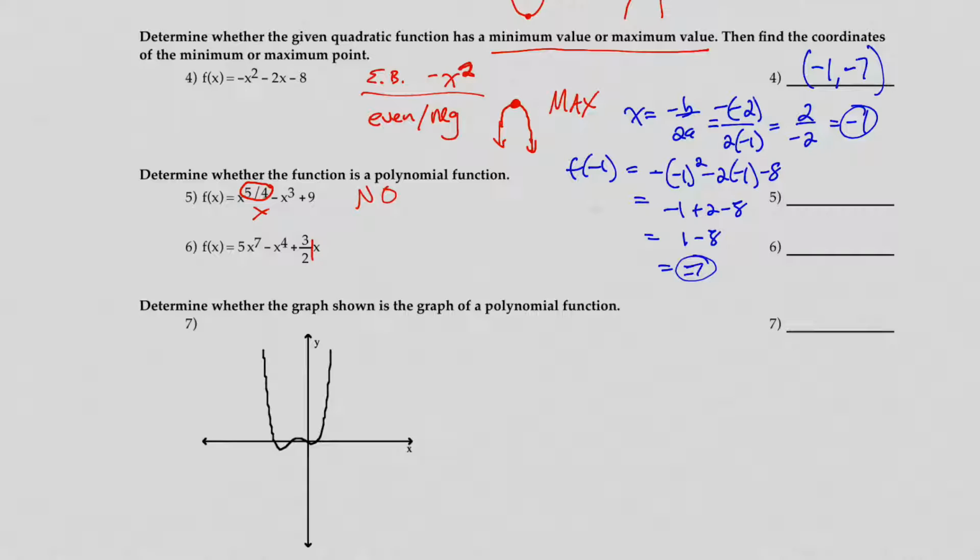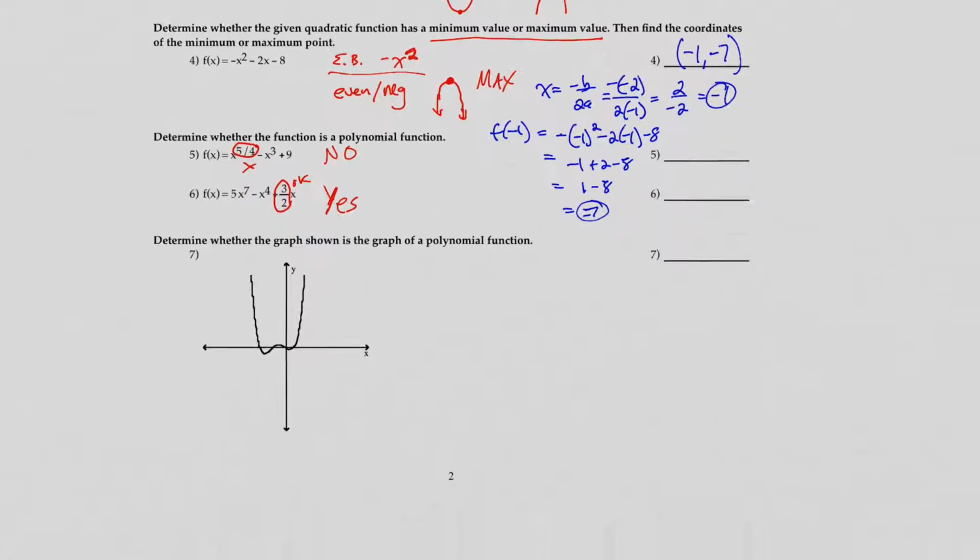Having a fraction as a coefficient is okay. The fraction just can't be as a power of x. So a fraction as a coefficient is fine. So yes, that's a polynomial to the 7th power.